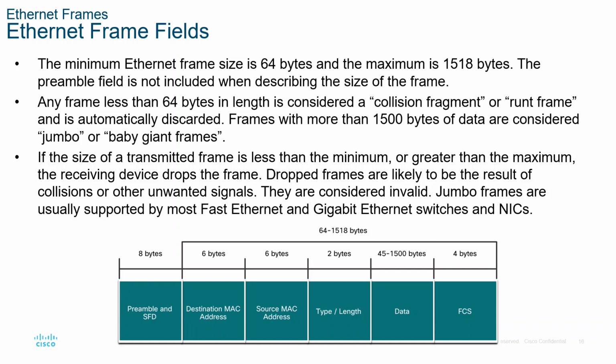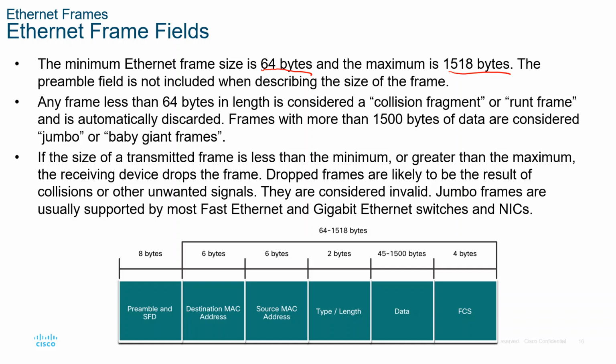So the minimum Ethernet frame size is 64 bytes, and the maximum size is 1518 bytes. In the calculation, the preamble field is not included when we describe the size of the frame.